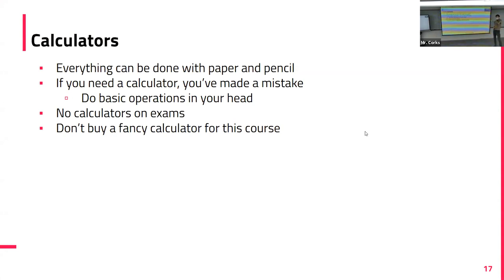The questions will be designed that you can do them fairly easily without a calculator. Like you won't have to do big, long calculations. If you are doing those, then you've probably made a mistake somewhere in the question, and that's why that's happening. So the questions will not be too painful to do without a calculator.